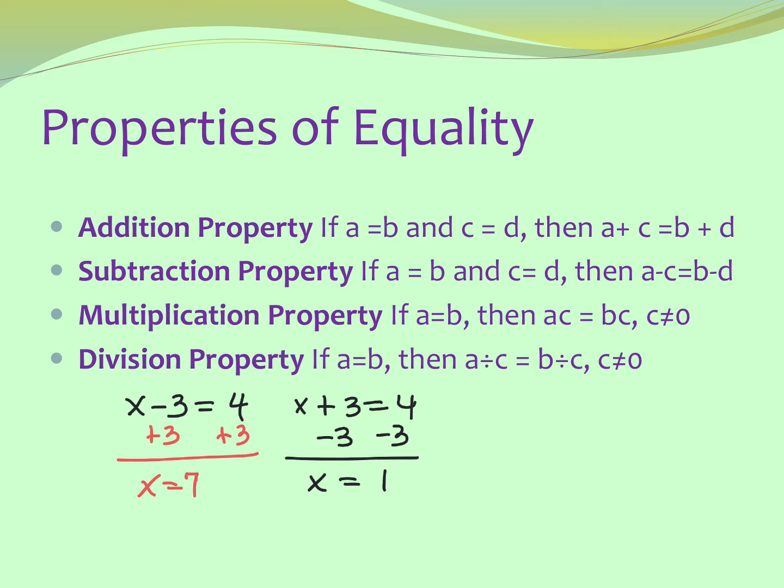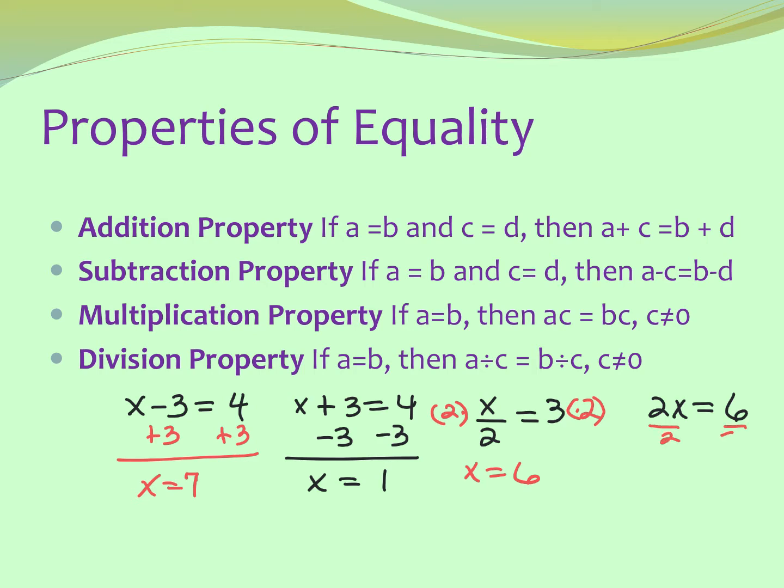Then for the multiplication property of equality, here is where if you have a division equation, let's say it's x over 2 equals 3, what we're doing here is multiplying both sides by the same number to solve, and we would get x equals 6. And then lastly, the division property: you'll be given a multiplication equation, and you're going to use division to solve it.